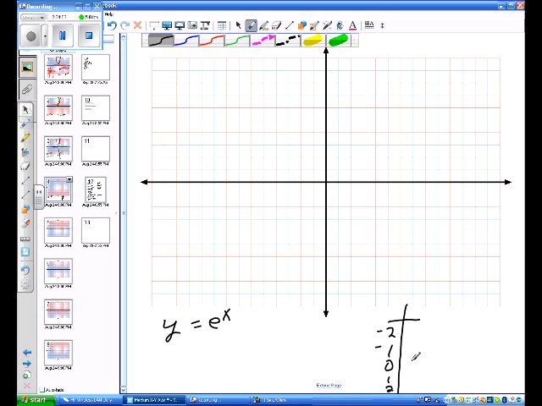Now, we know that any number raised to the 0 power is 1. And this is going to be e, which we said was 2.718. So we could have that as 2.72.